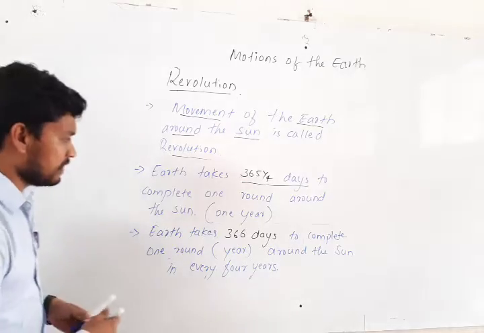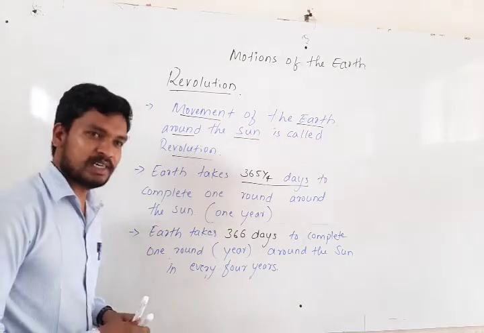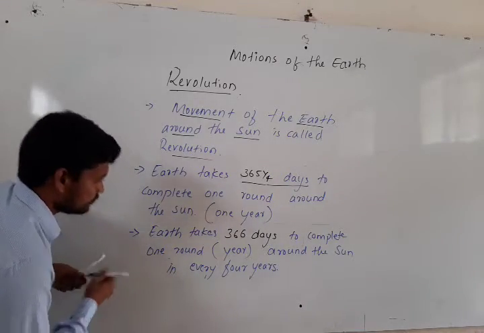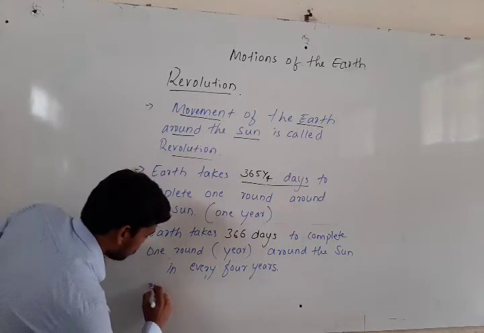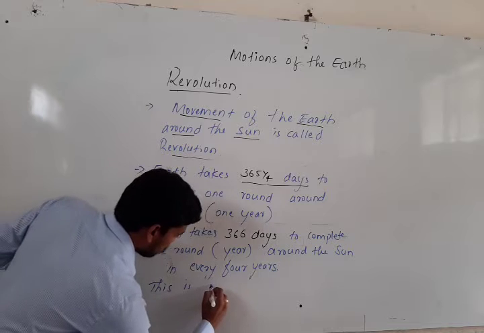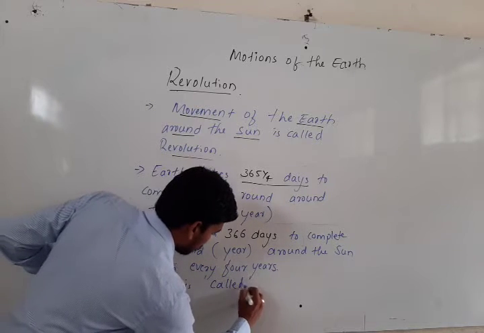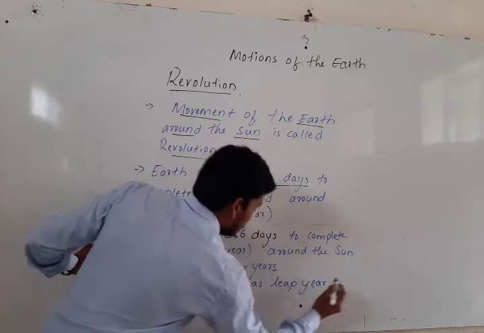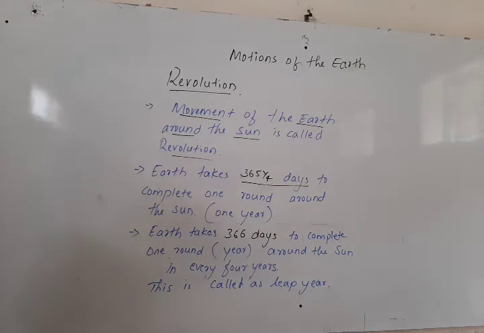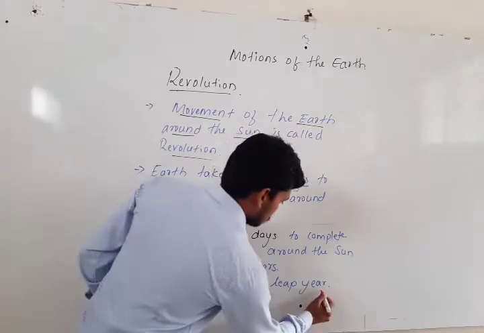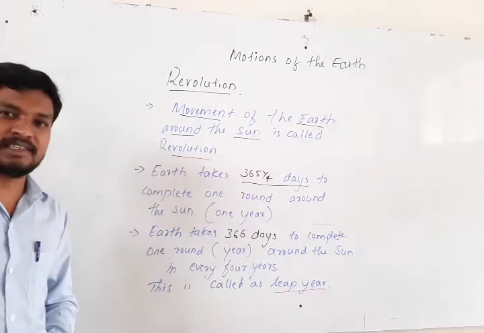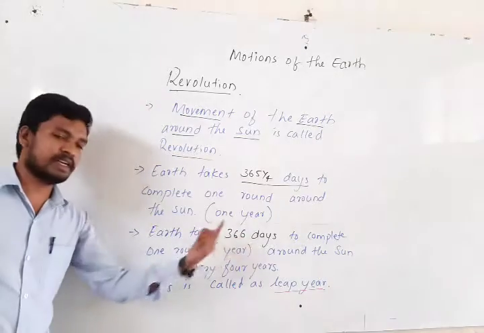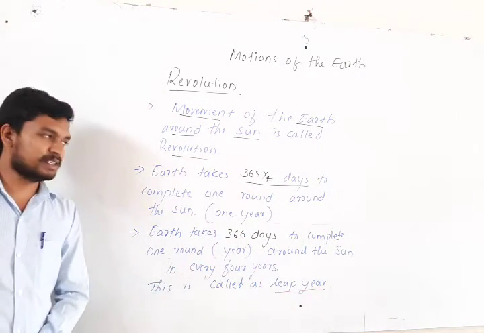So in every 4 years you will have a leap year. That means we will have 366 days in 1 year, once in 4 years.